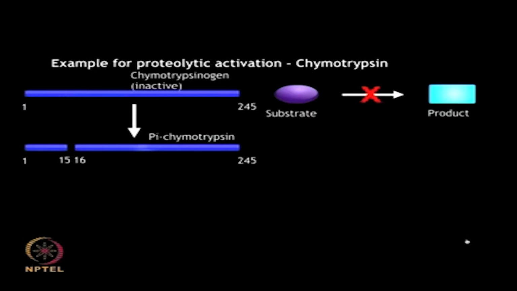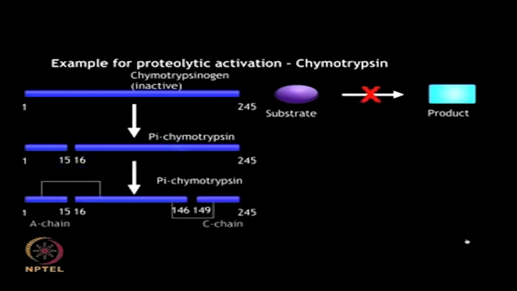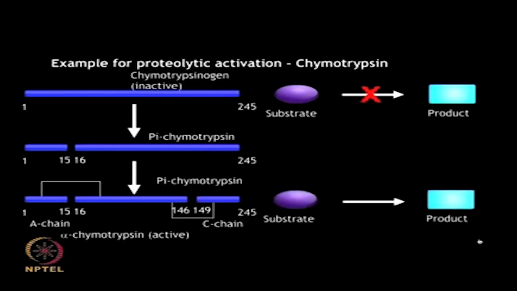The resulting enzyme, known as pi chymotrypsin, is acted upon by other such molecules to yield the completely active and stable alpha chymotrypsin, which consists of 3 chains linked by interchain disulfide bonds.